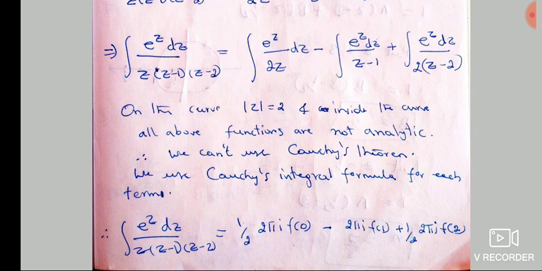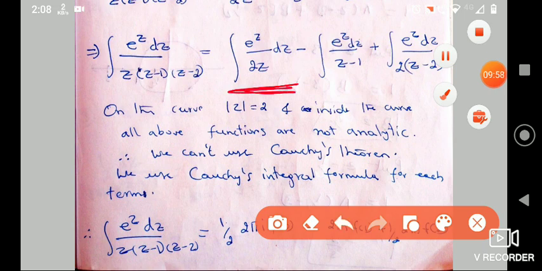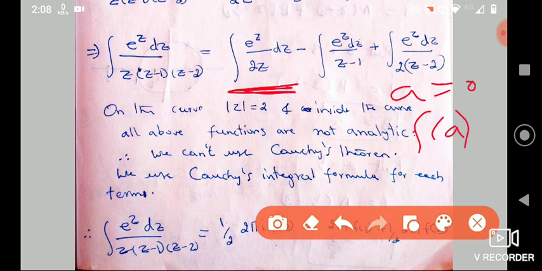So here e power z divided by z minus 1, all this is the right hand side. So we'll take the first term. What is that? E power z divided by 2z. So you can take the 1 by 2 outside. So the only thing is e power z divided by z. So what is a? Here a is 0. Then what is f of a? Remember f of z is equal to e power z, right?